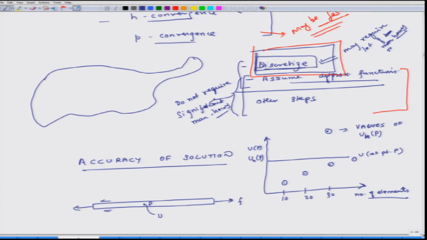Now you will see that I have drawn all these values below this u line, below the theoretical line.